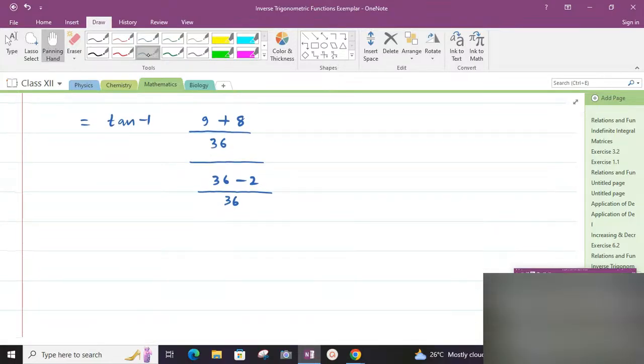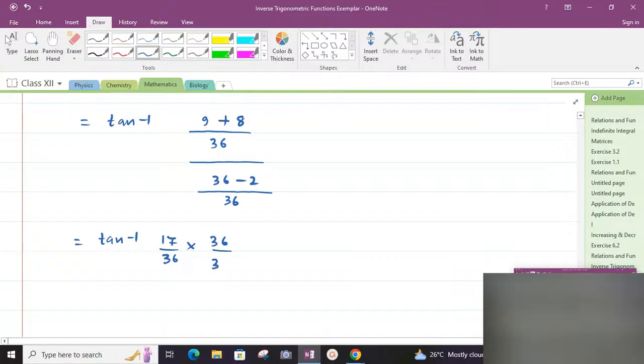So the next step we write down is equal to tan inverse 17 by 36 into 36 by 36 minus 2, which equals 34. Hope there is no problem understanding up to this step.